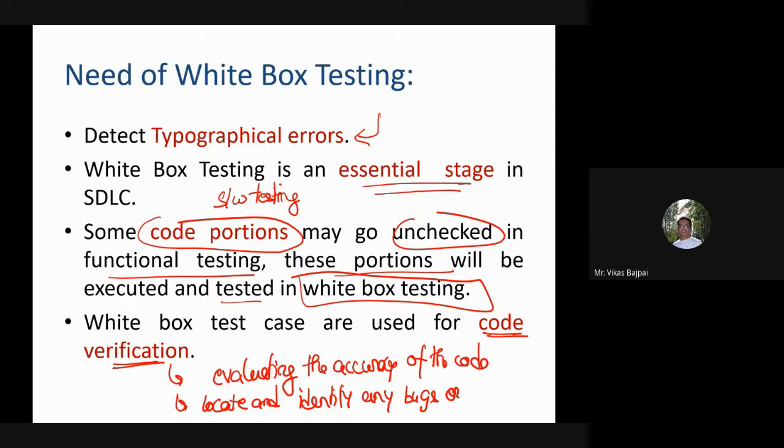So what we are trying to say is that we have gone for partitioning into equivalence classes, and when it comes to testing, it's a general thing in case of black box testing.